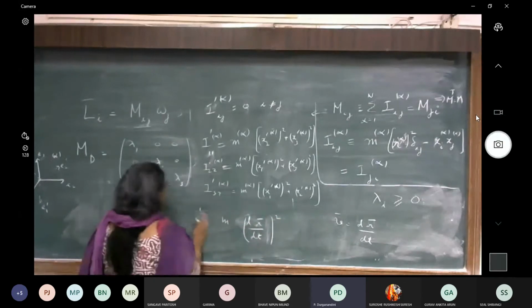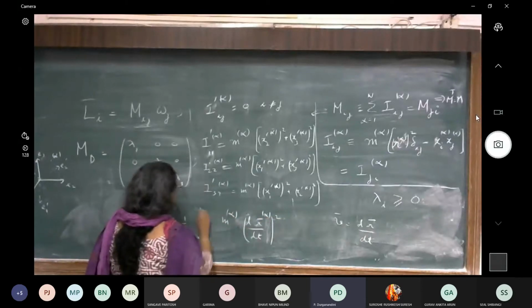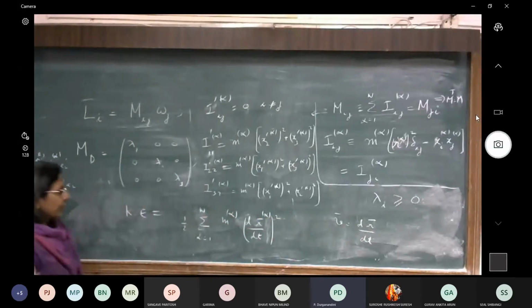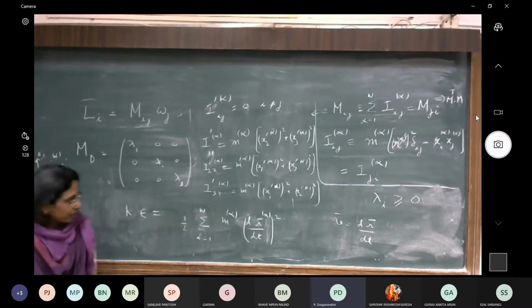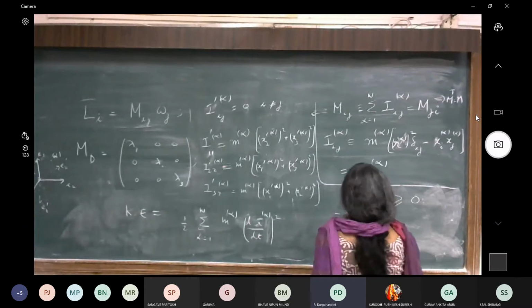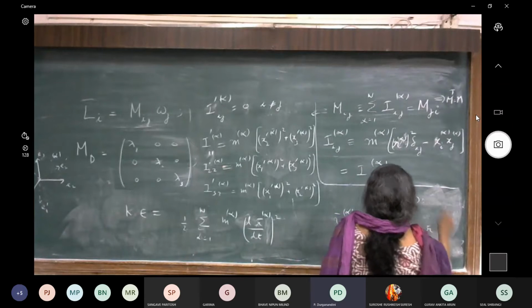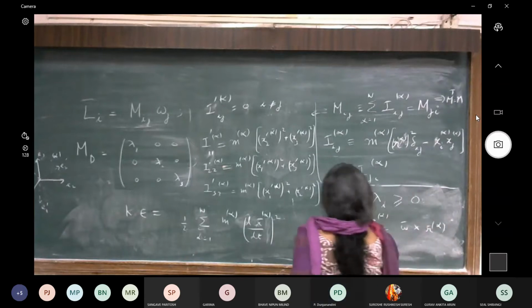But now I have a collection of n particles. So it's simply going to be this. My total kinetic energy for the system of n particles is simply going to be this. But we have already seen that for the alpha particle this is going to be omega cross r alpha, because we have got the z rotation.